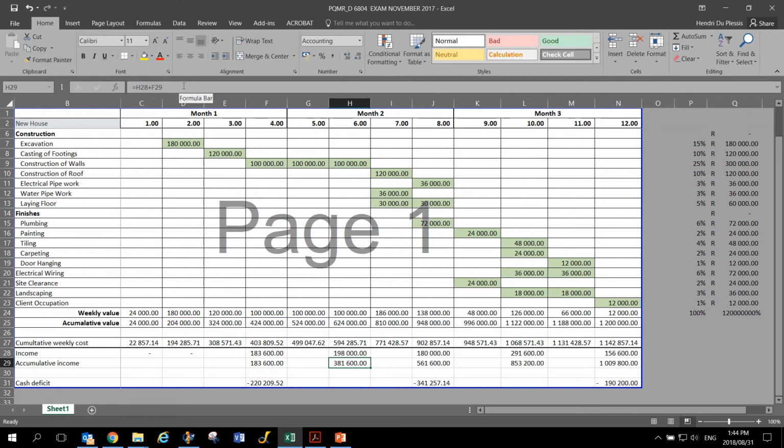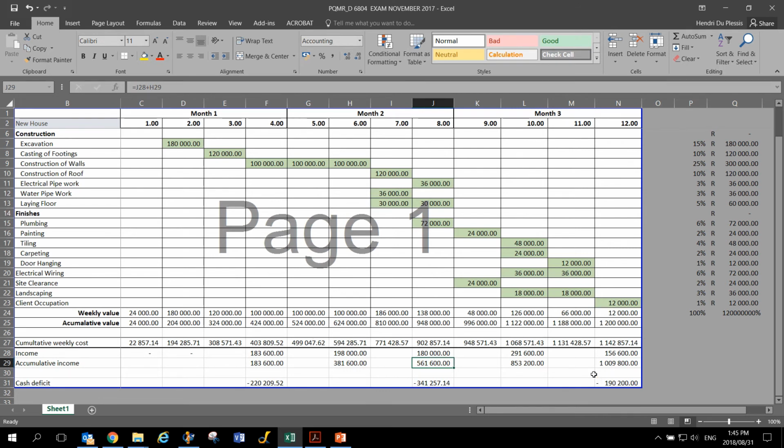Your cumulative value is just that one minus that one. The question goes up to month 2, so you just do the same for the next one. After the 6th week, you can put in your claim, which is paid out after week 8. So you take your total work done minus your previous claim to get your amount, and then you've got your cumulative amount here at the bottom.